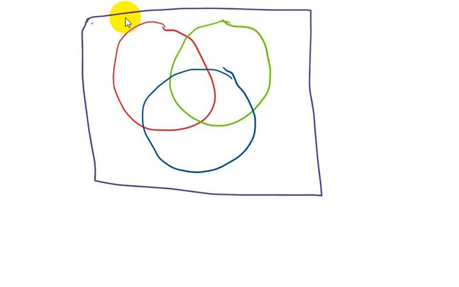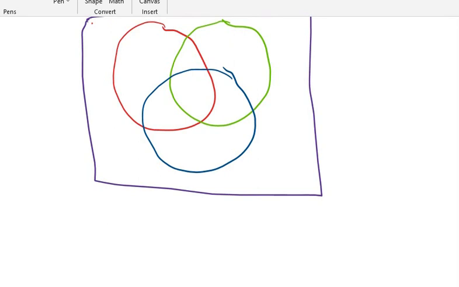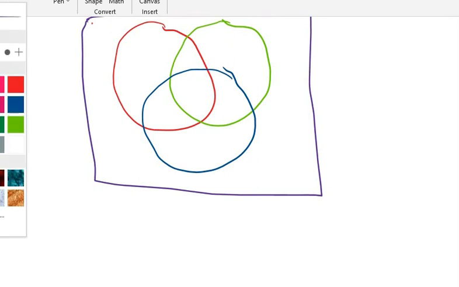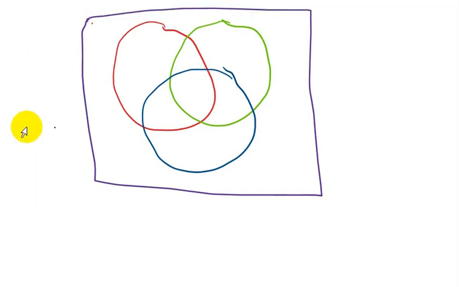Good. So now, let's fix in what we are given in the question. Now, we were given that 80 students. So it means that the universal set is what? 80. So our universal is 80.